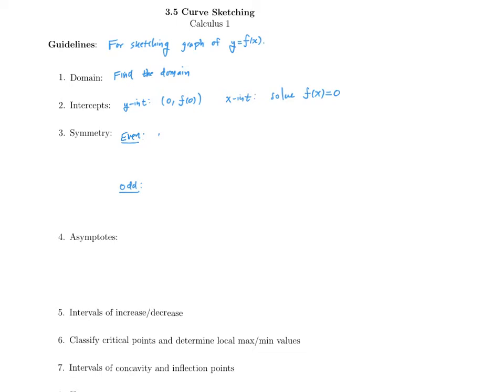So recall even, we're thinking whenever f of minus x is equal to f of x. And if this is the case, it tells us that the graph is symmetric about the y-axis. So an even function is symmetric about the y-axis.